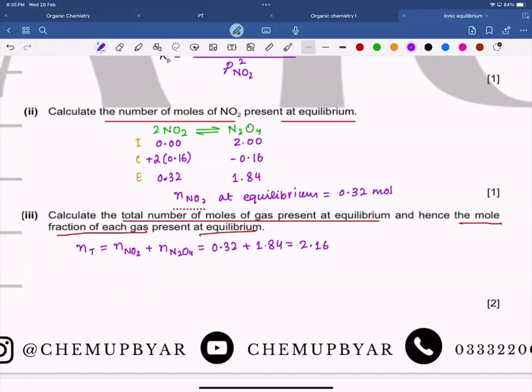No, sir, I'm not getting it. Why? You were present in the last class. Yes, Ashil, can you tell me how we will find the mole fraction of NO2? Just check the previous lecture if you aren't getting it. Sir, by dividing them. By dividing which values? Sir, the net total divided by that N2O4.